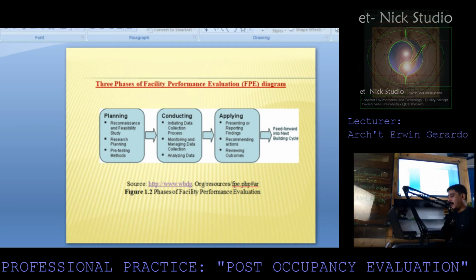Next is the applying phase: presenting or reporting findings, succeeded by recommending actions, and finally reviewing the outcomes. Then finally, feed forward into the next building cycle. This is taken from the phases of facility performance evaluation by Fraser.